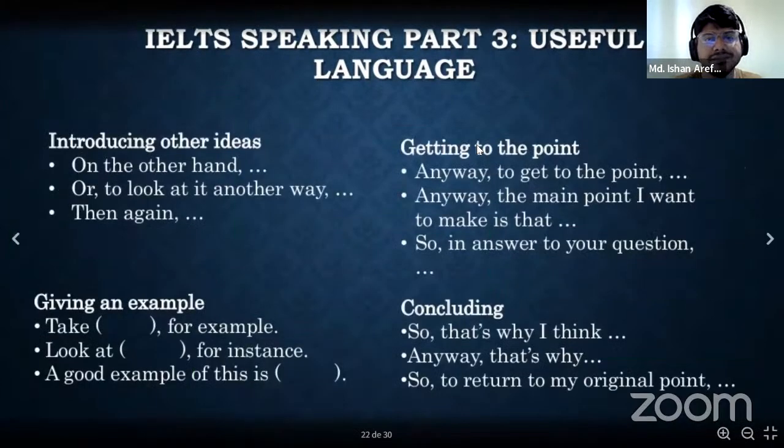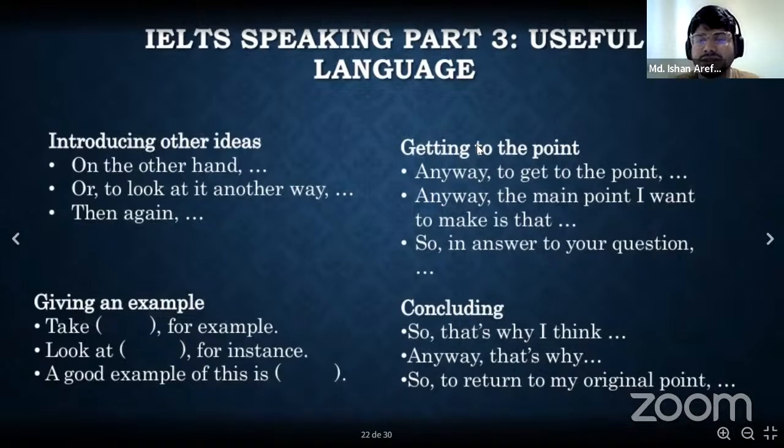Next, you can introduce other ideas by saying "on the other hand" or "to look at it another way." I have already told you this. And one thing is very important: to conclude your answer. Sometimes you'll get the chance to conclude your answer in IELTS speaking test part 3. So how to conclude your answer?